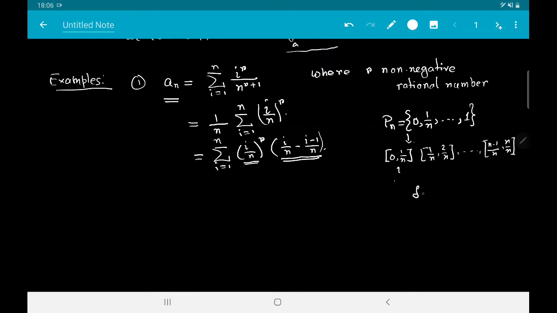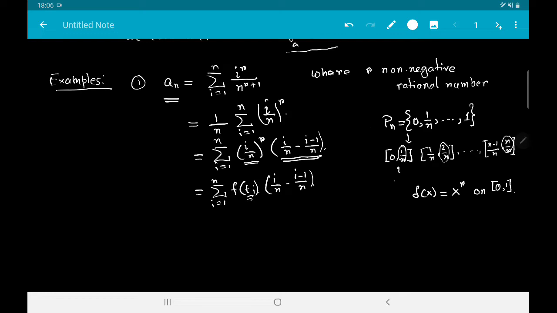Suppose we have the function f(x) equals x to the power r on the closed interval [0, 1]. This can be written as the summation i equals 1 to n of f(t_i) times (i/n minus (i minus 1)/n). What are these t_i's? The t_i's are just the right endpoints of these subintervals.